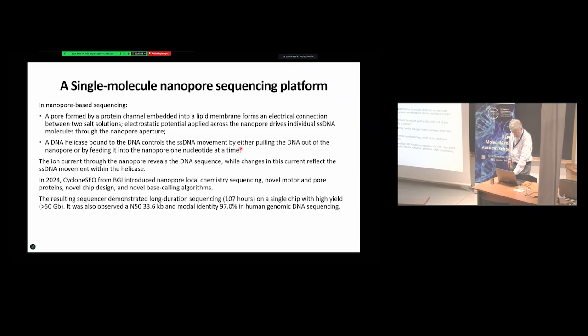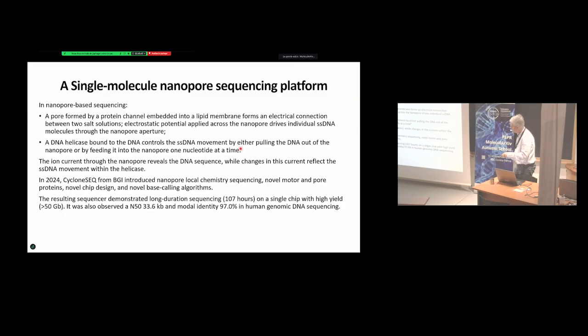But what is interesting in the case of the technology, and that can be true for Oxford Nanopore as well as for the CycloneSeq, is the capacity to make long duration sequencing, having a high generation of data, and what is particularly attractive is the capacity to have very large average DNA fragments.